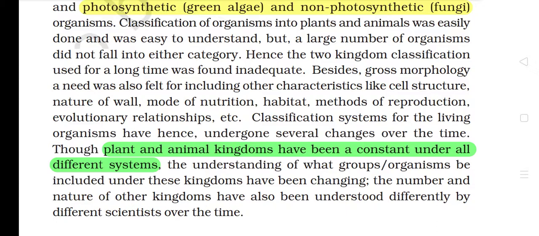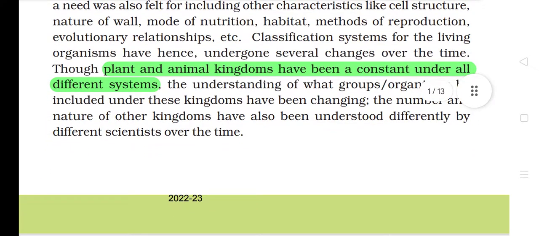Besides gross morphology, a need was also felt for including other characteristics like cell structure, nature of wall, mode of nutrition, habitat, methods of reproduction, evolutionary relationships, etc. Classification systems for the living organisms have hence undergone several changes over time.